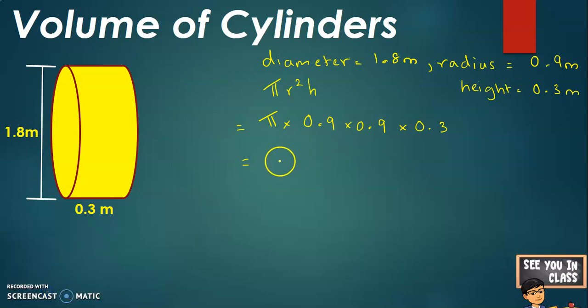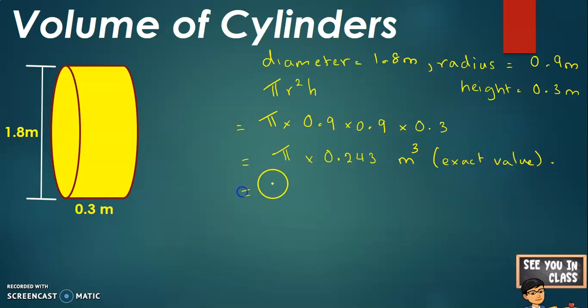My answer for this, I'm going to leave pi as it is for now, and this is 0.243 pi. You can leave this as the answer, and this will be the exact value answer.